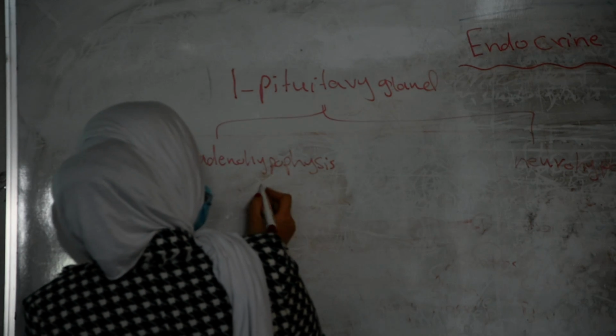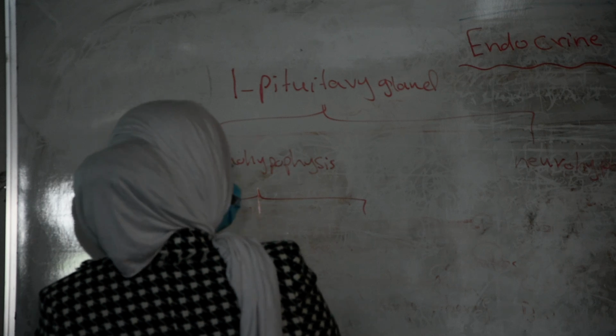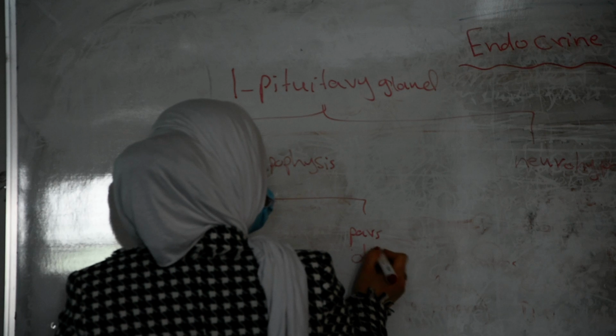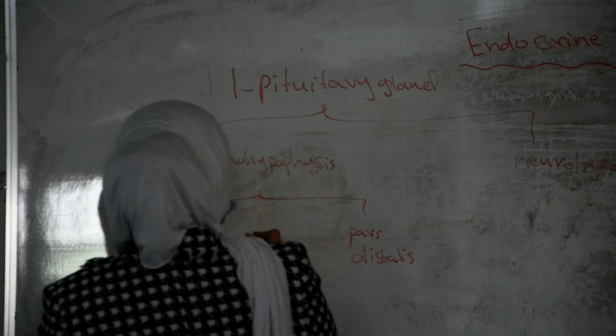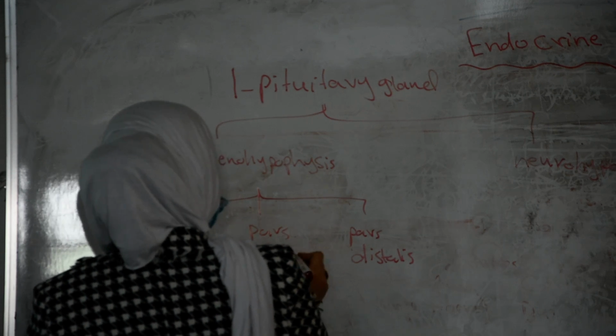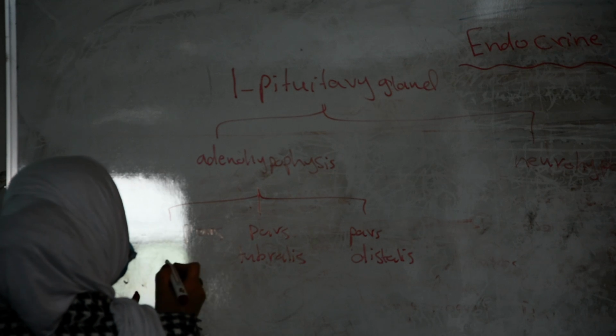So the adenohypophysis we can classify into the pars distalis, pars tuberalis, and pars intermedia.